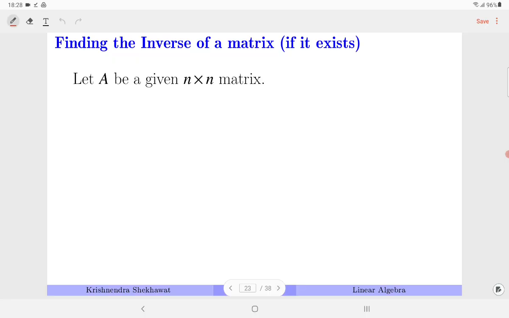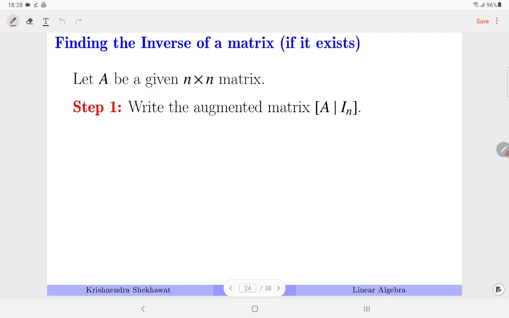Okay, so how to find the inverse of a matrix using RREF? Let us consider A is a square matrix of order n. The first step is to write the augmented matrix A In, where In is the identity matrix of order n.